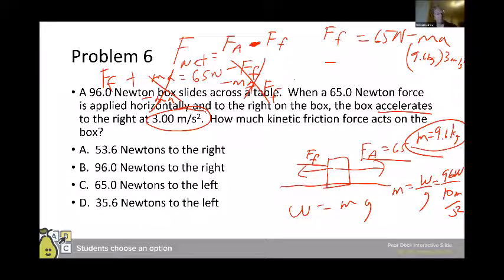And that gives us about, I must have used 10 when I came up with these answer choices, or I must have used 9.8. The correct answer, 36.2 newtons. Well, what did I do wrong there? Okay, that's right. Because we're asking for the frictional force. So 36.2 newtons to the left.